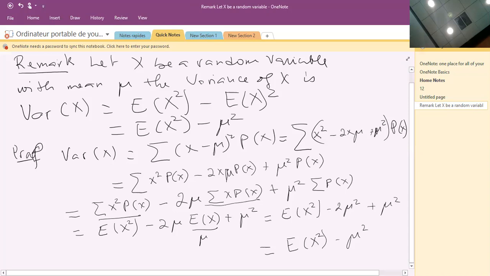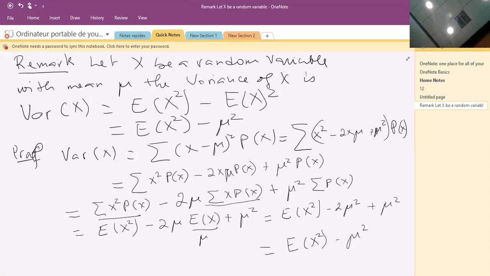So let's do the same example first, the example we just did.